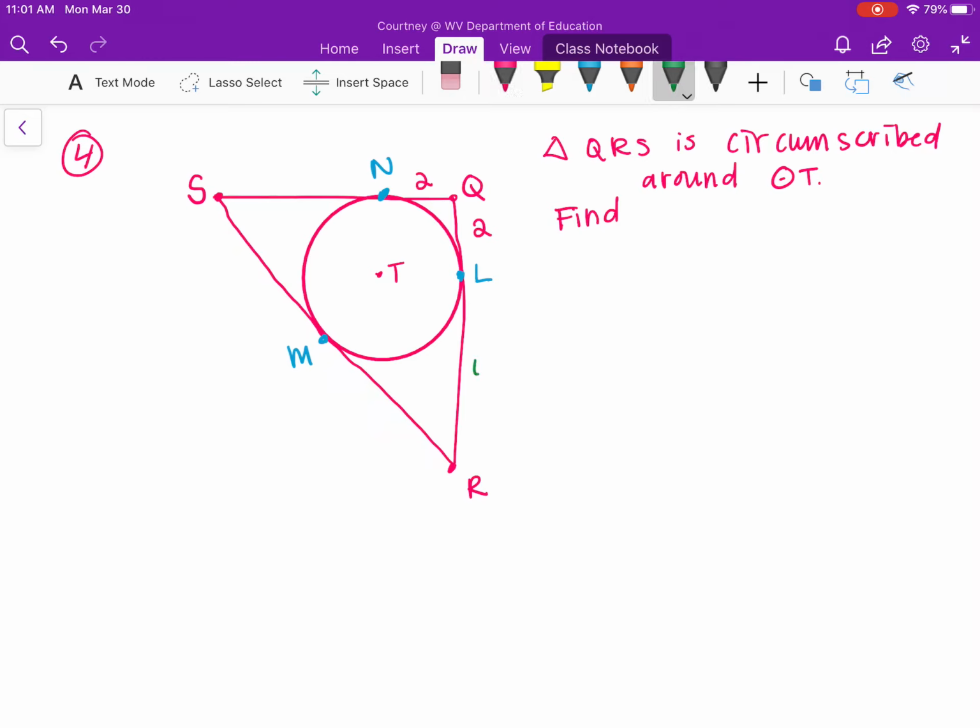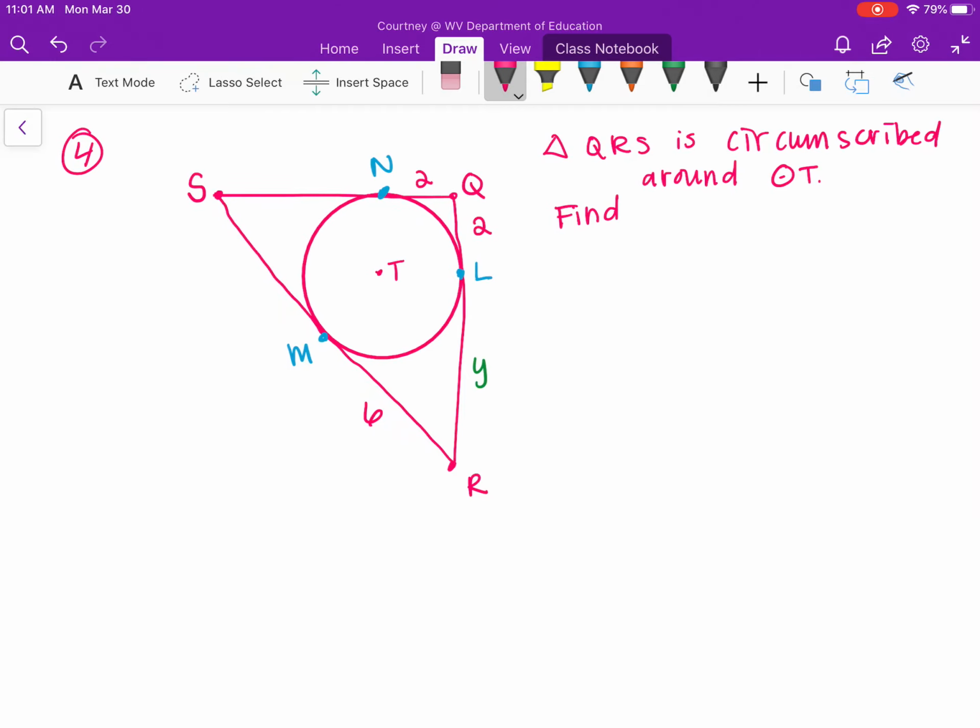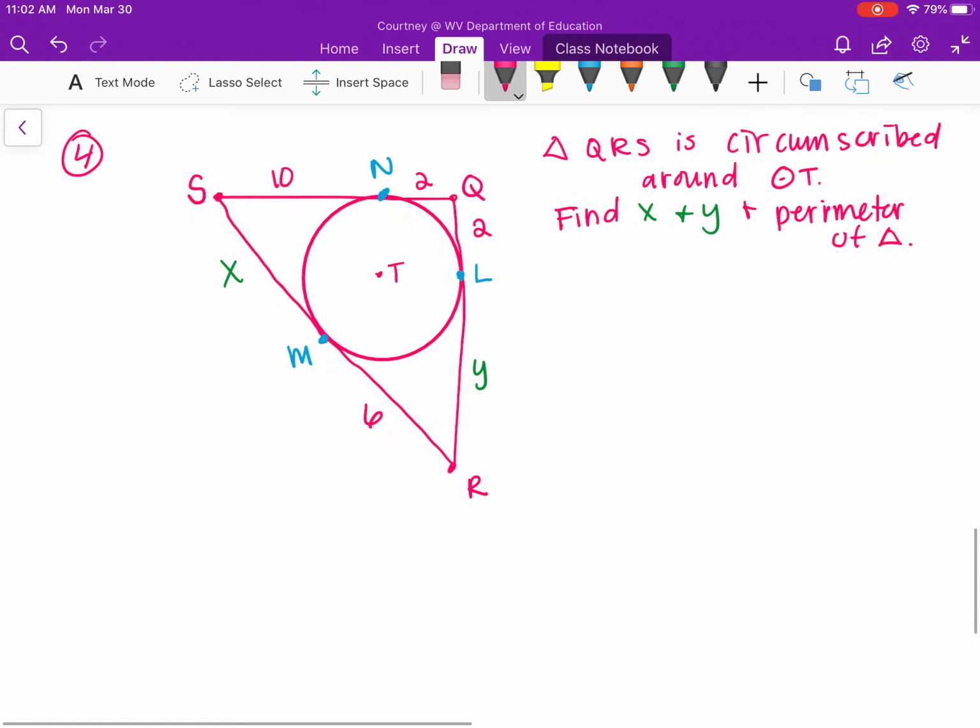This is Y. This is 6. This is 10. And this is X. They want us to find X and Y and the perimeter of the triangle. Okay, give you a second to copy that down.